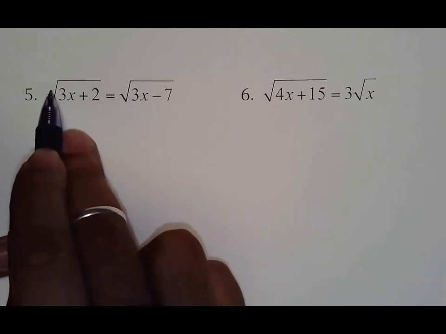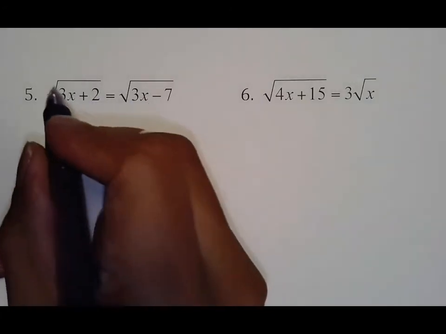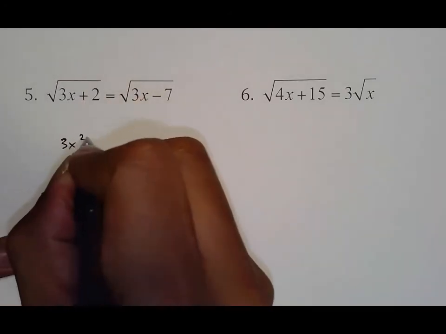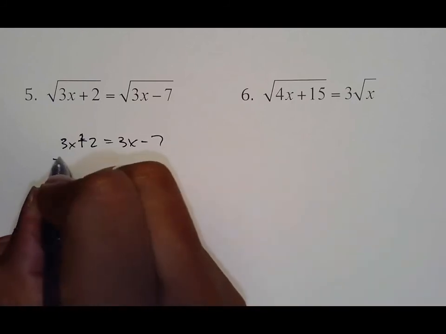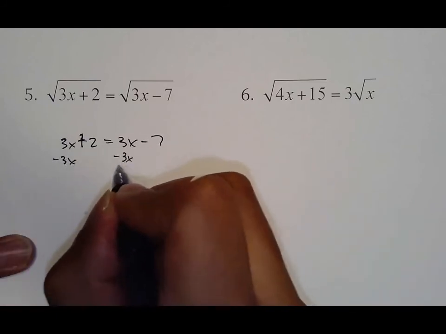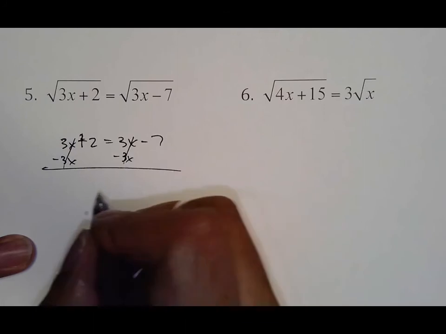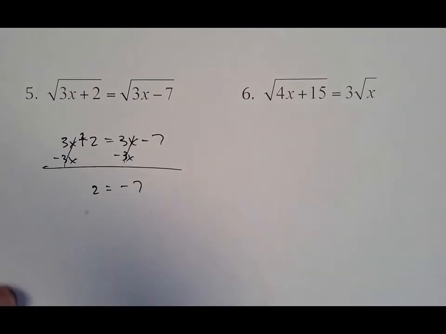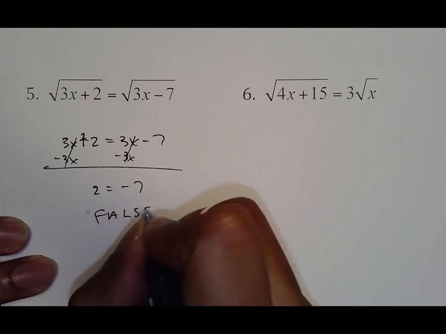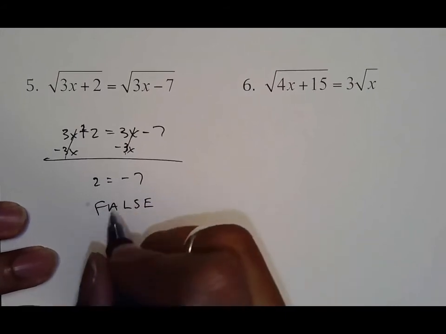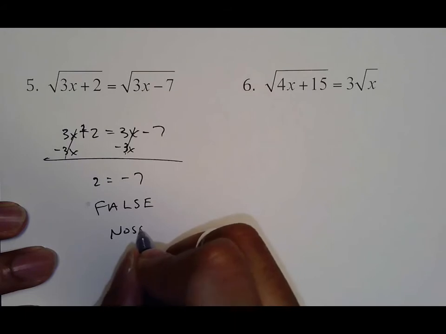So here again, what I learned when I see root of something equals root of something is that the root really isn't the issue. It's just going to end up 3x plus 2 equals 3x minus 7. But what you have to notice is when I go to move my 3x, those two things cancel. I end up with a false statement. And so anytime you are solving and your x's eliminate and it's false, that means that there's no solution.